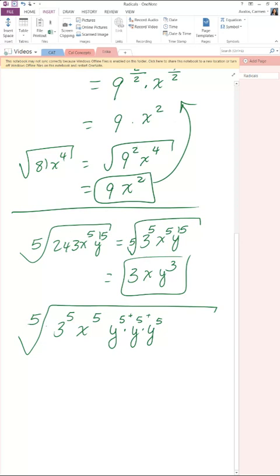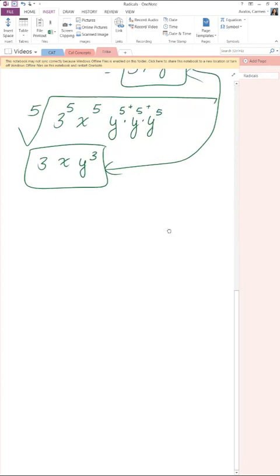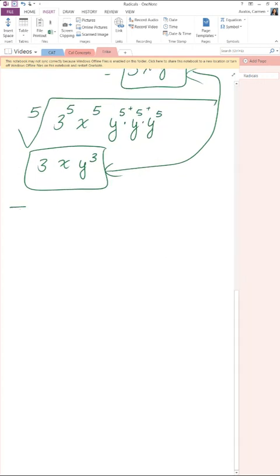This one takes out one 3, this one takes out one x, because they cancel, and each of these y's cancels, so I have 3 y's left. That is where we get that part. Looking at that, it's not so bad. There are different forms to see.